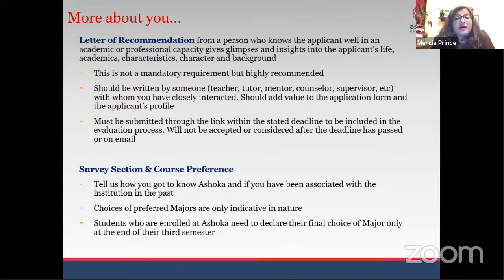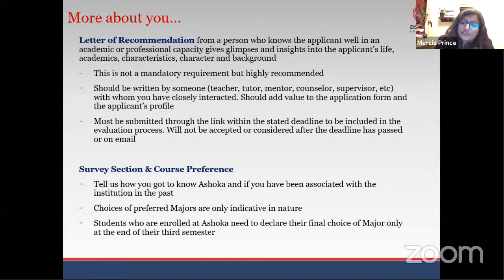Talk to them, tell them the process, make sure they agree that they will submit it on the link within the deadline. Again, I think it is 7 days post-submission deadline they have, so they can write it, submit it on the link, and then it will become a part of your application form, and then we will use that. And I must tell you that this is a really excellent tool for us.